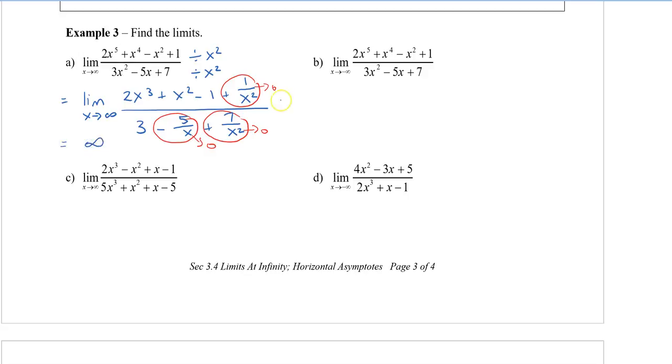Let's write this down. The numerator gets larger and larger, but the denominator stays at 3.